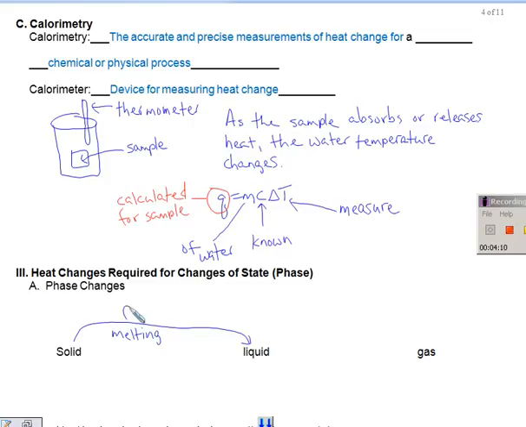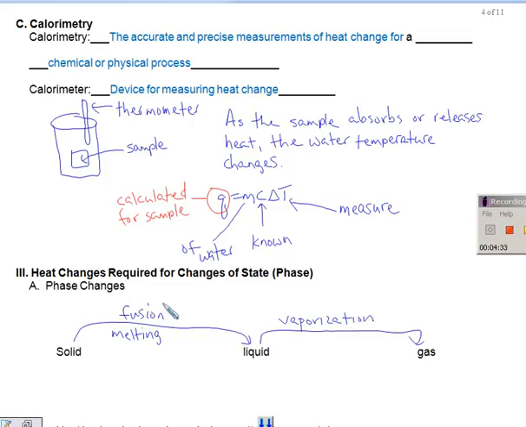But the term that scientists use is fusion. So when we melt a sample, we fuse a sample. Once we have it in the liquid form, if we keep heating it up, we'll completely vaporize it. So this is vaporization.